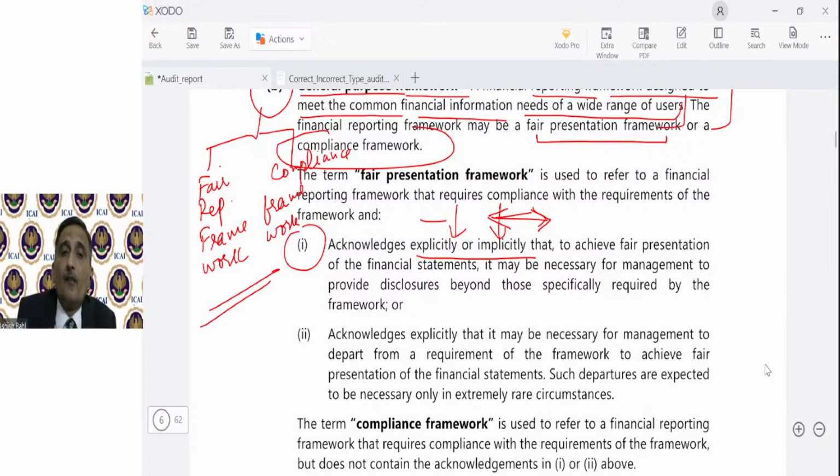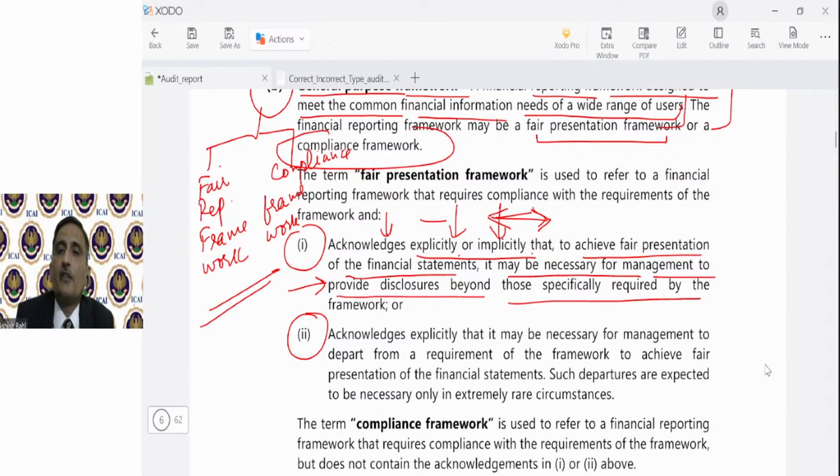It acknowledges explicitly or implicitly that to achieve fair representation of financial statements, it may be necessary for the management to provide disclosures beyond those specifically required by the framework, or acknowledges explicitly that it may be necessary for the management to depart from a requirement of the framework to achieve presentation of the financial statements.